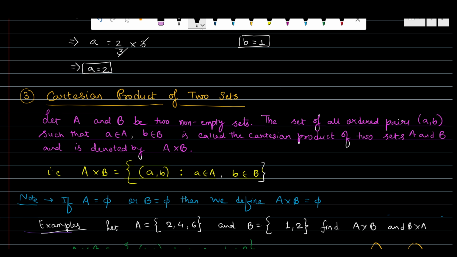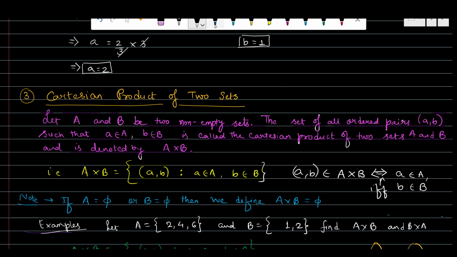Here, if we say that (a, b) belongs to A cross B, this can happen if and only if a is in the first set A and b is in the second set B. This is the sign for if and only if.